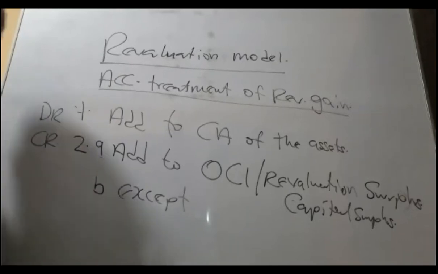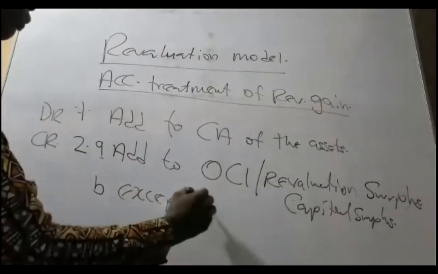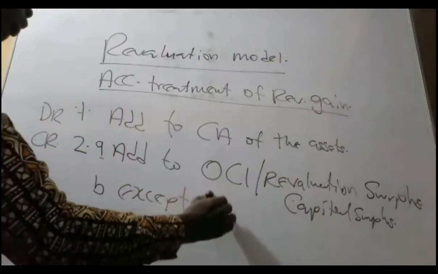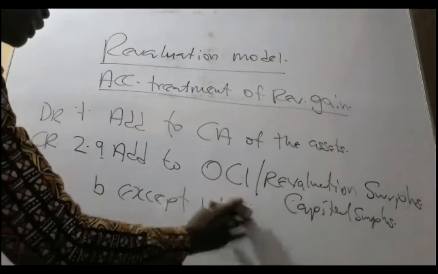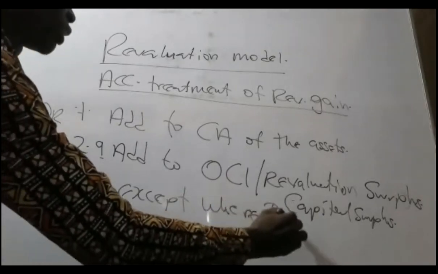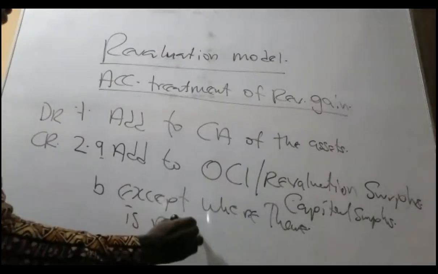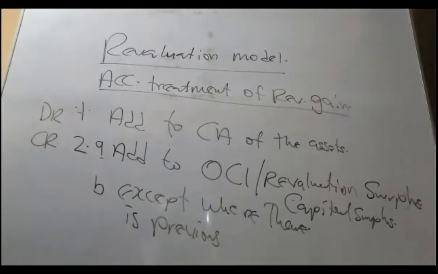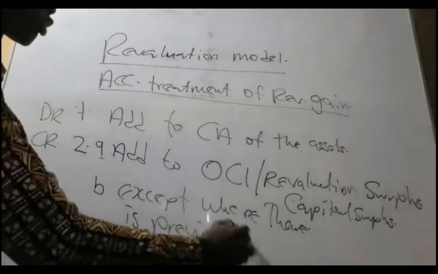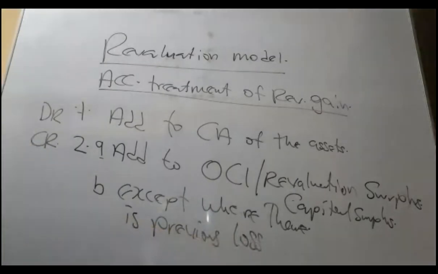Good. So except where there was what? Except where there is previous revaluation loss or impairment loss.